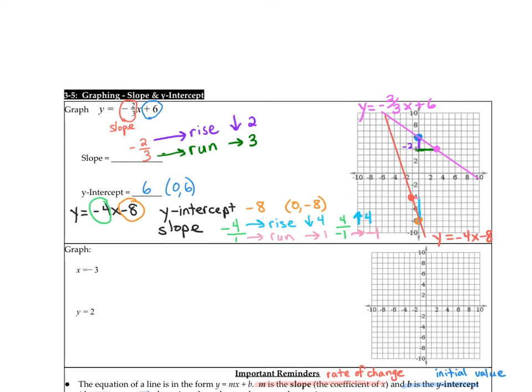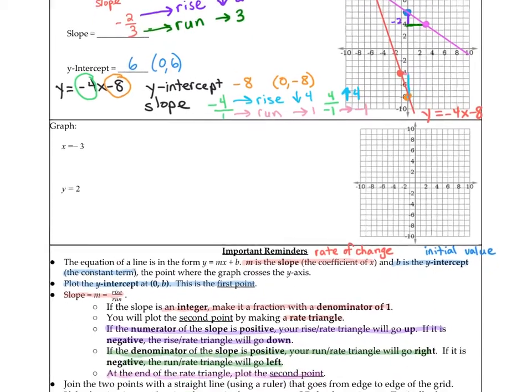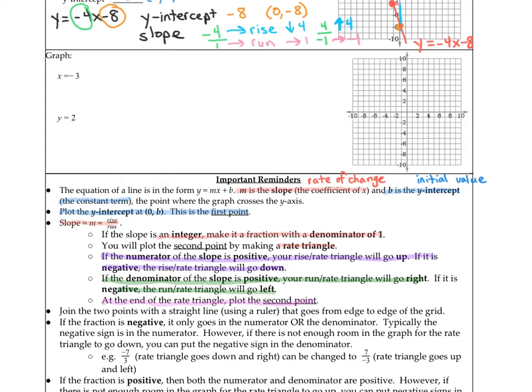Now, there are 2 other special types of graphs that you will need to know, and one is a vertical line and one is a horizontal line. Let's start here with the second one. If you think about this equation, it's missing the x term. This could be written as y equals 0x plus 2. So what that means is that the slope is equal to 0.